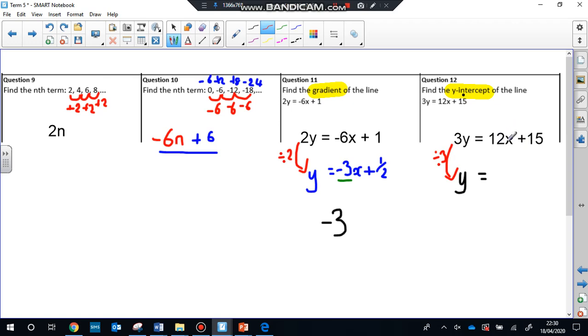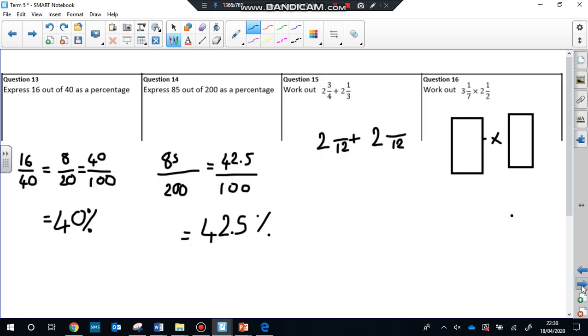So 12x divided by 3 gives me 4x. And 15 divided by 3 gives me 5. Now the y-intercept, if you remember, is this bit at the end that we add on to the x's, the plus 5. So the y-intercept is going to be 5 or plus 5.